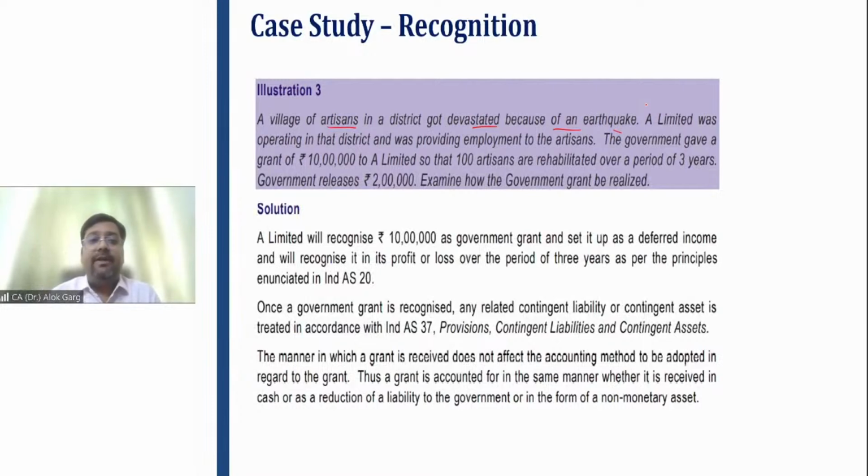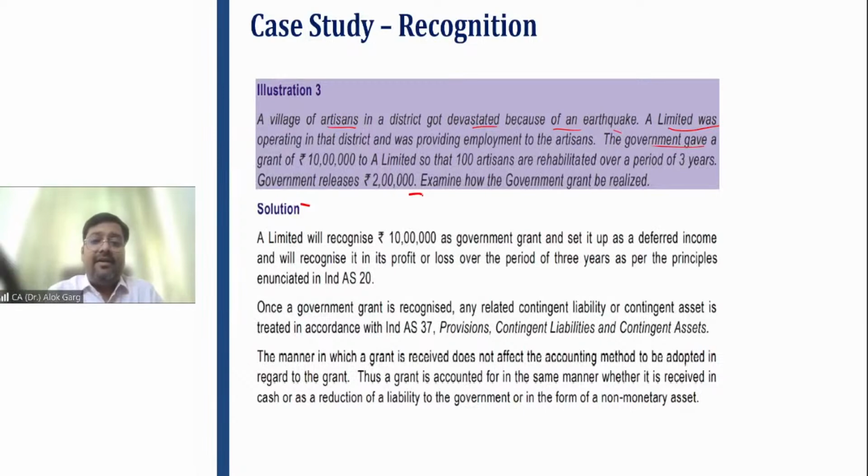A Limited, a company, was operating in the district and was providing employment to the artisans. The government gave a grant of rupees 10 lakh to A Limited so that 100 artisans are rehabilitated over a period of 2 years. Government releases 2 lakh rupees. Examine how the government grant will be recognized.